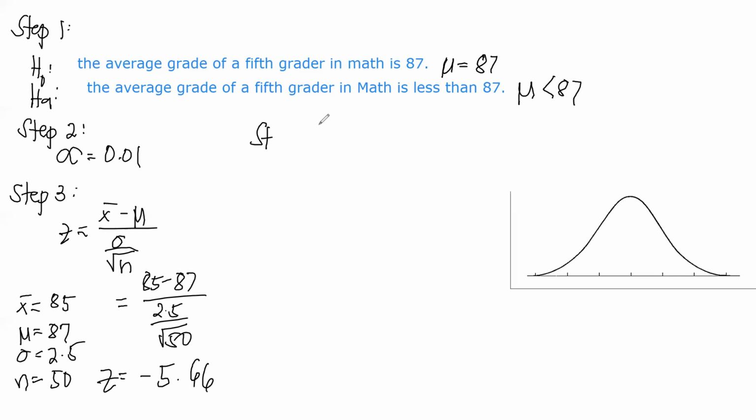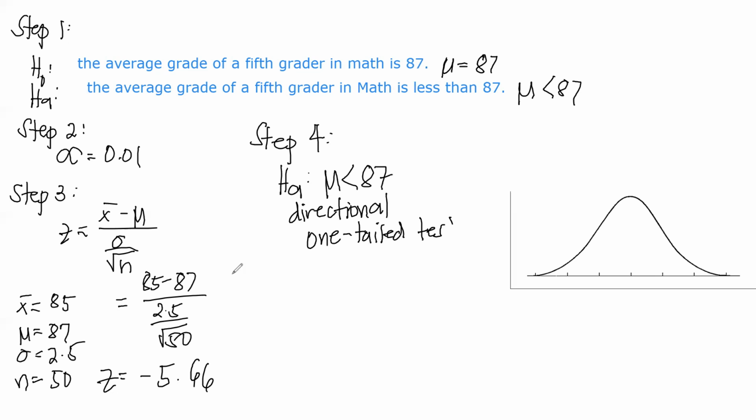So what is step number 4? Okay. So H sub A is what? Mu is less than 87. So since we are using less than symbol, it is directional. And again, if it's directional, it's a one-tailed test.